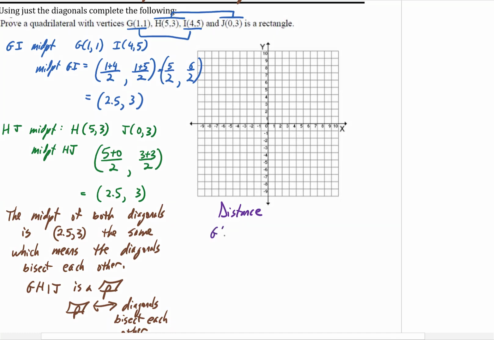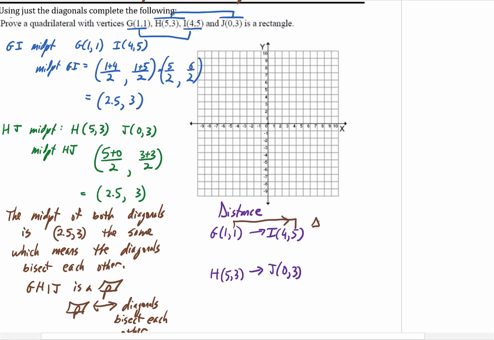So G is at 1, 1, and the diagonal goes to I, which is 4, 5. And the other diagonal is HJ, which is 5, 3 to 0, 3. So let's calculate the change in x and the change in y.